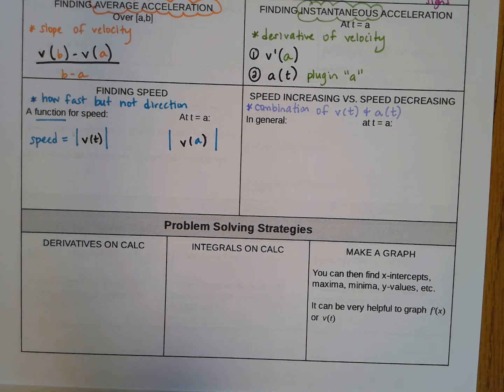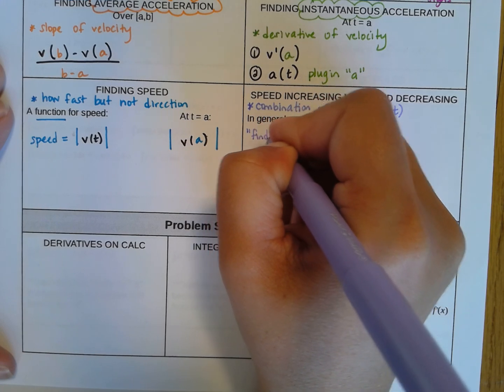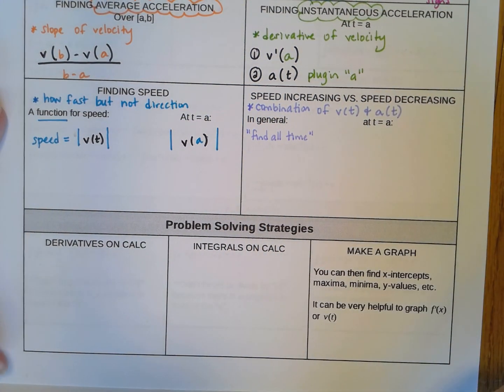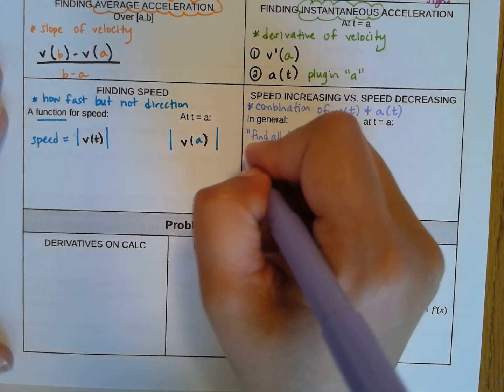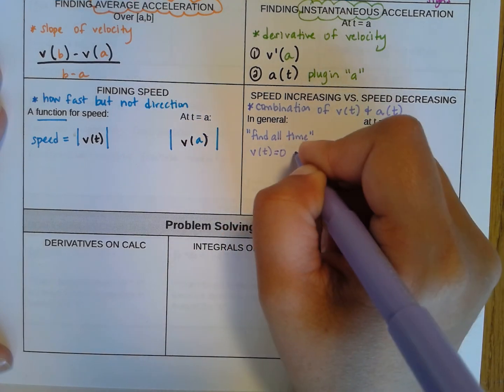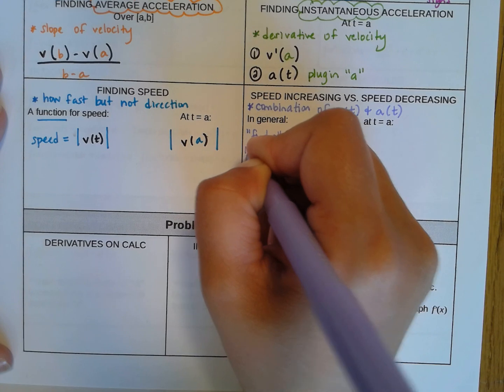If they just ask you in general, find all of the times where the particle is speeding up or where the particle is slowing down, then what you're going to do is find your v of t function and set it equal to 0, and find your a of t function and set it equal to 0.